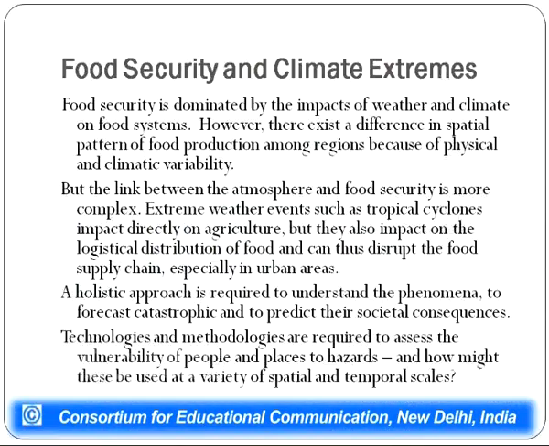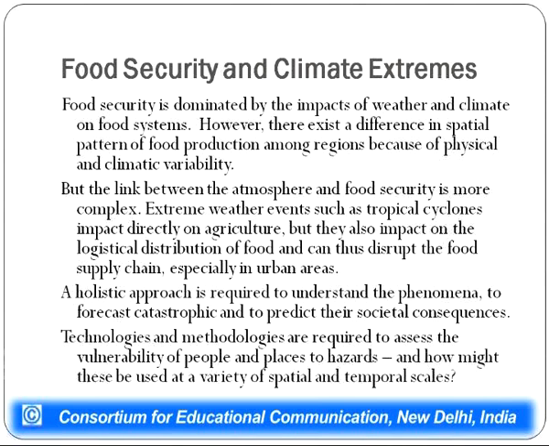It is very important to link food security with the climate extremes. Food security is dominated by impacts of weather and climate on the food system. However, there exist differences in the spatial pattern of food production among regions because of physical and climatic variability.